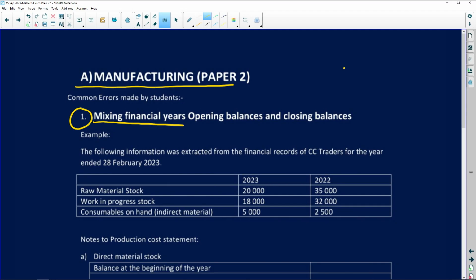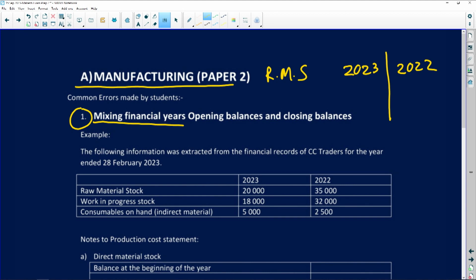So with manufacturing, just as with cash flow statements, you will find that often balances will be given for 2023 as well as 2022. So when I say opening balances, I'm talking about balances in general, not necessarily opening balances. You will be given information, especially when it comes to raw material stock.